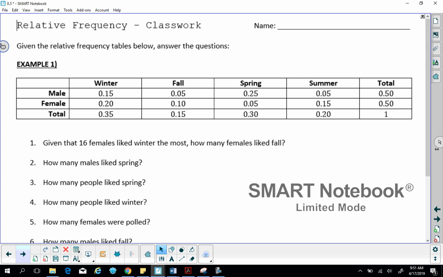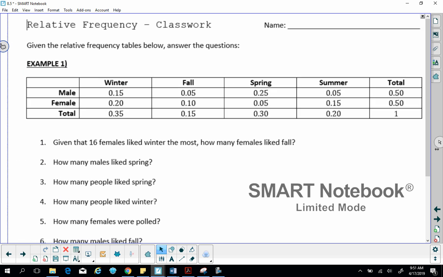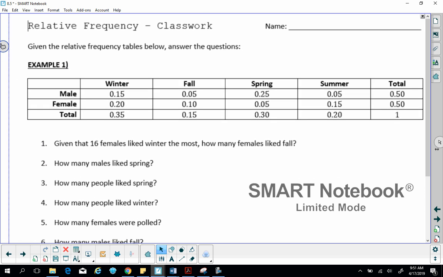All right, so you're starting with this. So what's the first thing that I need to do right now? Find the total. How do I do that? Divide, but what am I dividing by? How do I figure out the total? What are they giving me? 16 females that like winter.